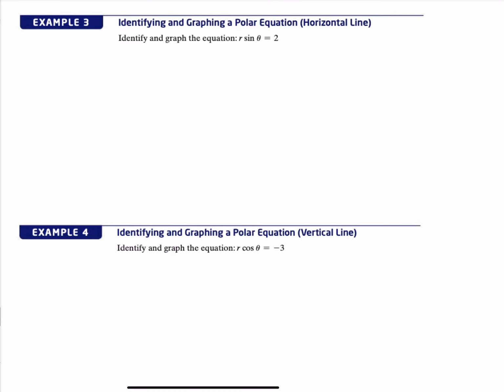Next we have something slightly more complicated. So we have r times the sine of theta equals 2. But let's remember r sine theta was equal to y from our previous statements. So we can just replace that with y equals 2.